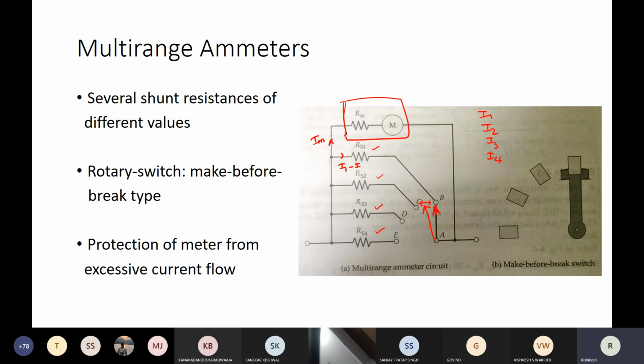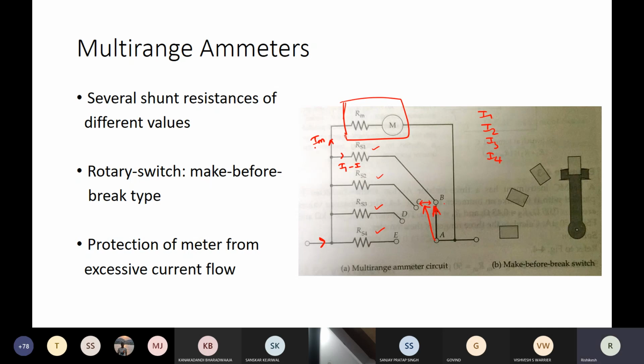So if the switch is in the middle position at a given instant of time, what happens is that no shunt resistance is connected in parallel with the meter. So the entire current which is flowing will go through the meter, right? Isn't it?